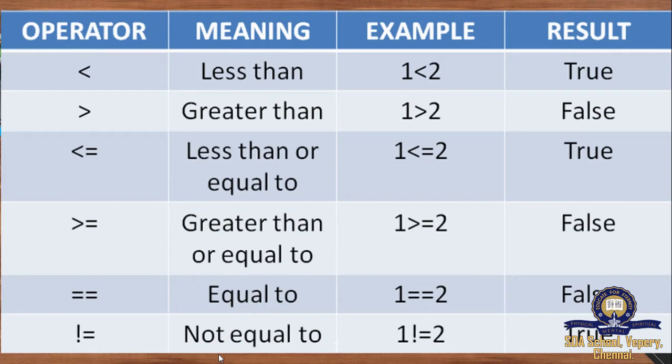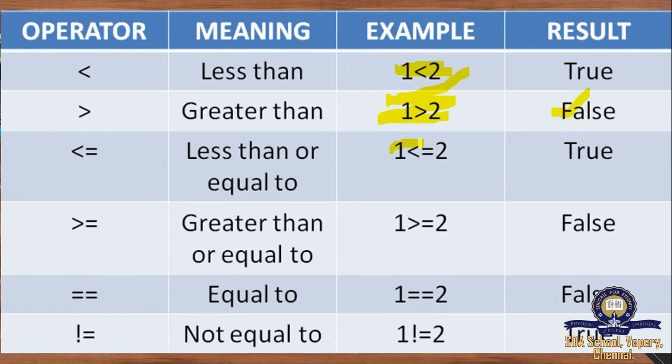What if you apply these operators to two values? The next column is given for you, comparison values. Look at this. Here 1 is less than 2. Yes, true. Is 1 greater than 2? No, 2 is greater than 1, so this is false.